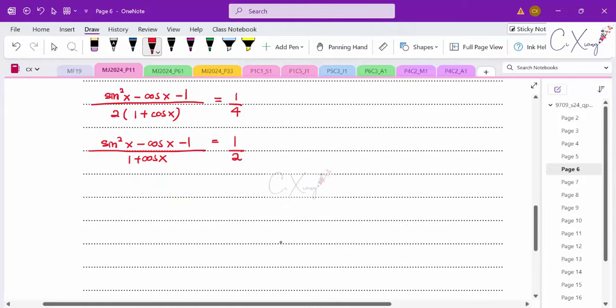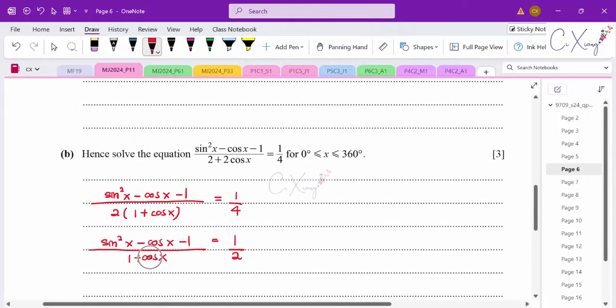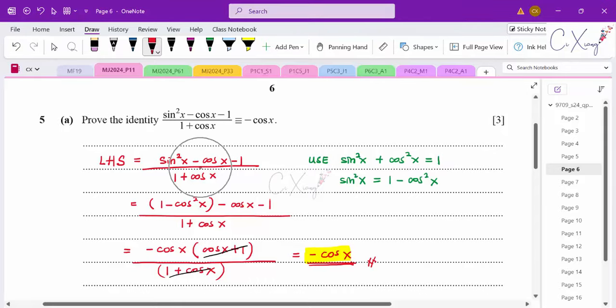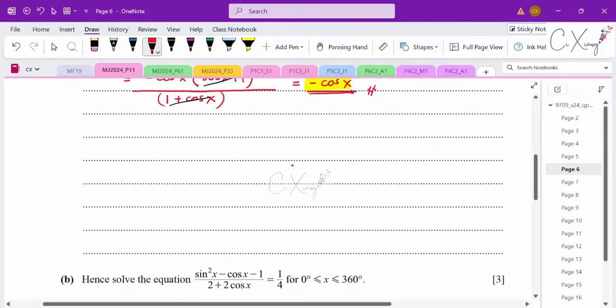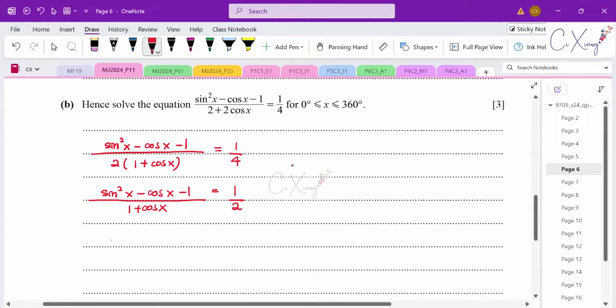After that, you can see that this is basically what I have in the first part, and it can be written as negative cos x. So I replace it with negative cos x on the left, equals half. It also tells you that cos x equals negative half. Then we can try to figure out our answer.